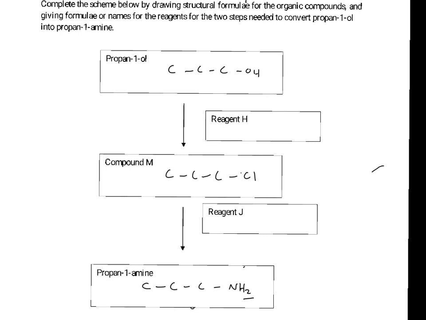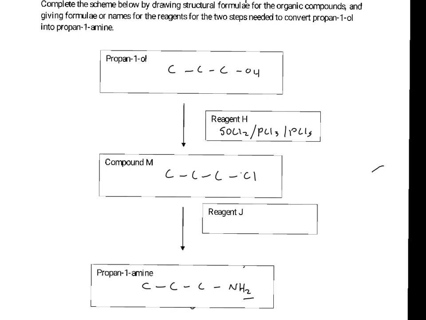So to go from an alcohol to a haloalkane, there are different reagents you can use. The one I try and encourage my class to use is SOCl2, but you can also use PCl3 or PCl5. You only need to put 1, so just remember 1.